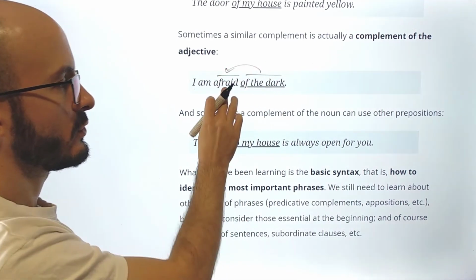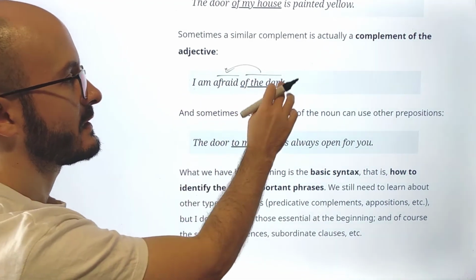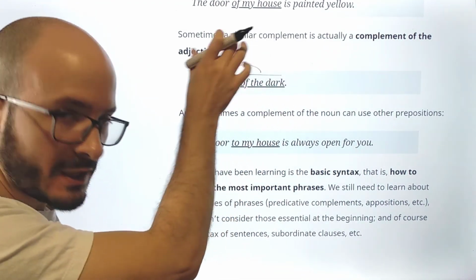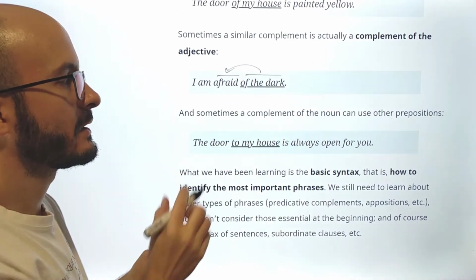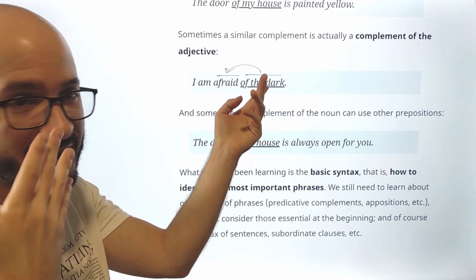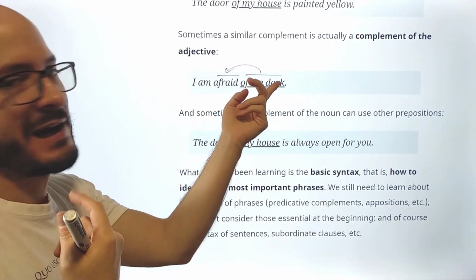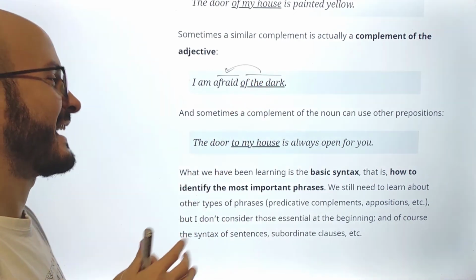And afraid, of course, is an adjective. So I am afraid of the dark. In that case, we would say that this is not a complement of the noun, but a complement of the adjective. Also notice that here it would definitely not work to say I am dark's afraid, or anything like that.